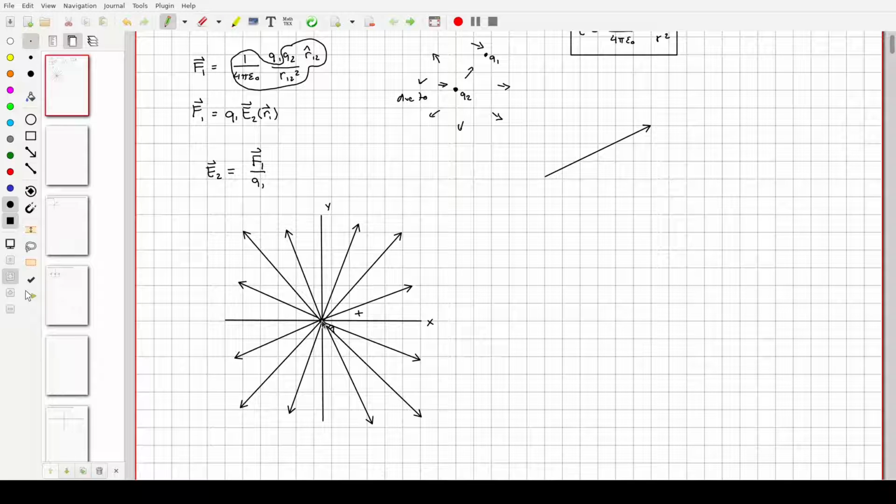If you want to think of it, they are originating from this charge. They come out of the charge. So as a consequence, we say that positive charges are the source of electric fields.